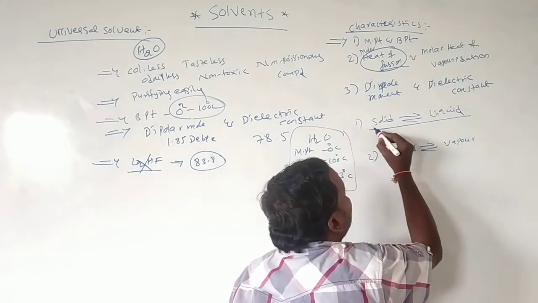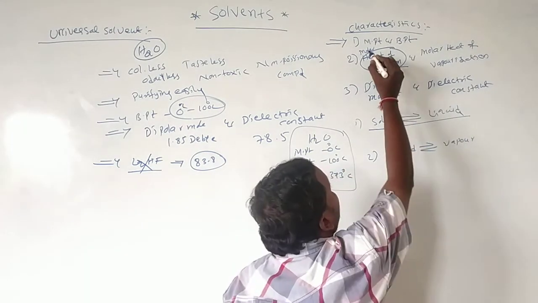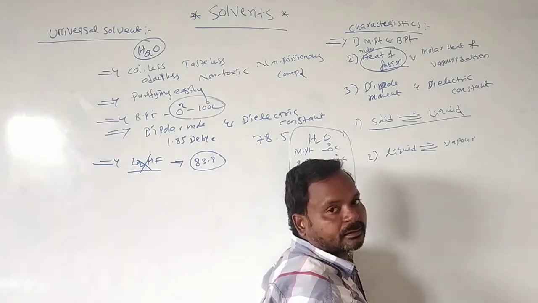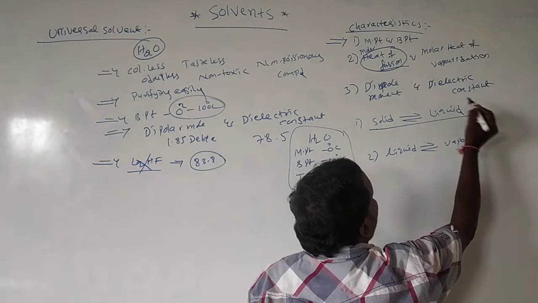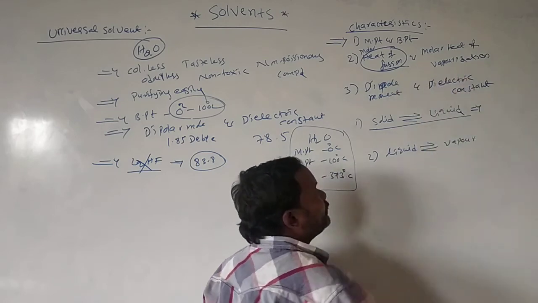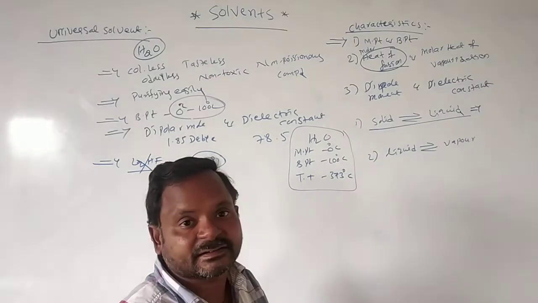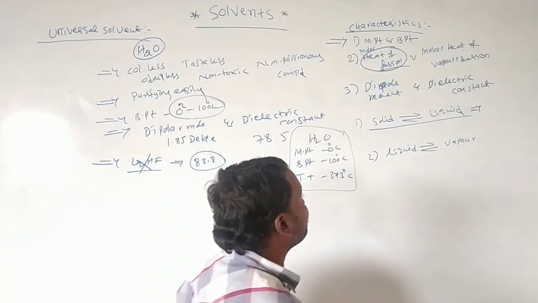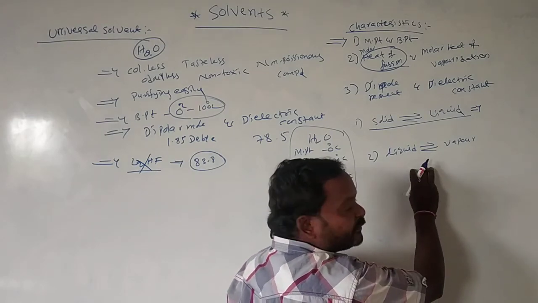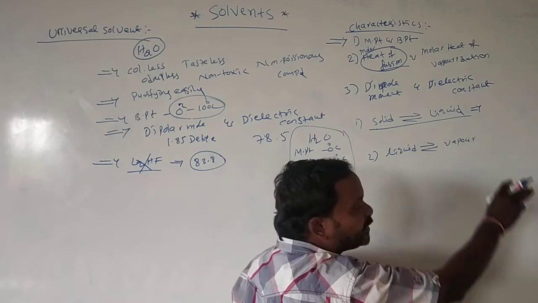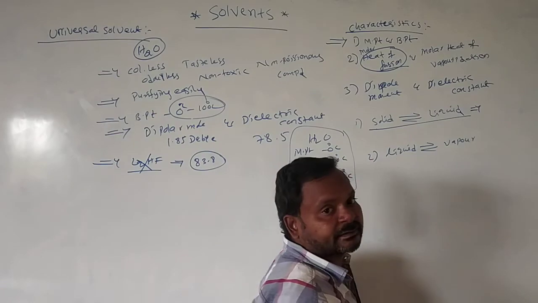For the conversion of one mole of solid into one mole of liquid, we call it molar heat of fusion. That means it should maintain a particular molar heat of fusion and molar heat of vaporization. What is the molar heat of vaporization? First we will see the heat of vaporization. The heat required for the conversion of liquid into vapor we call heat of vaporization.